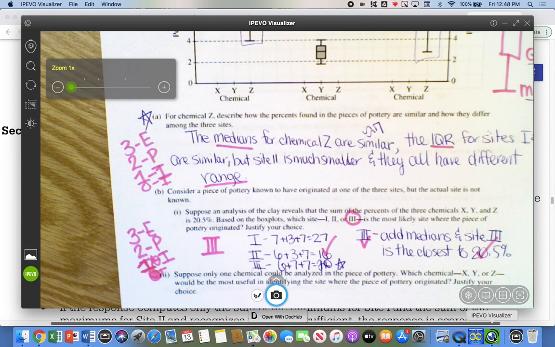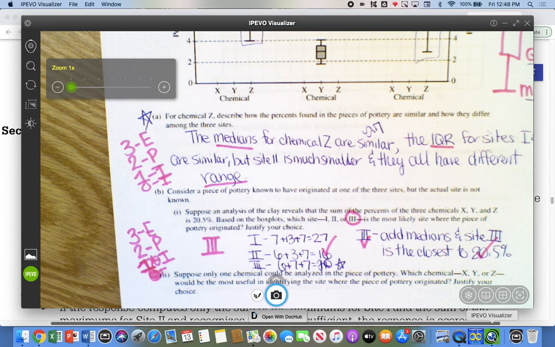Now the last part says, suppose only one chemical could be analyzed in this piece of pottery. Which would be the most useful in identifying where the piece of pottery originated? If you want to identify something, you want to find a feature that stands out between the 3.